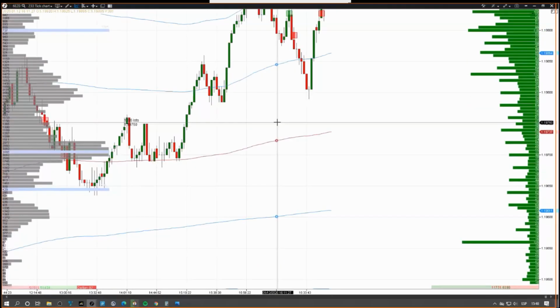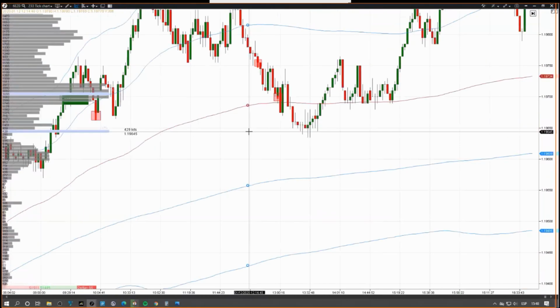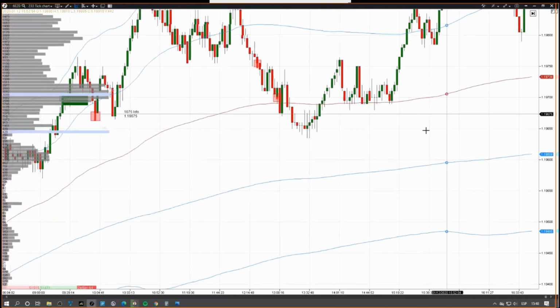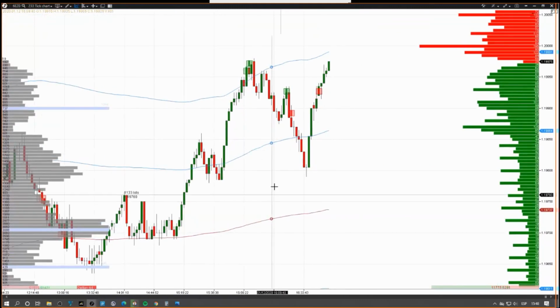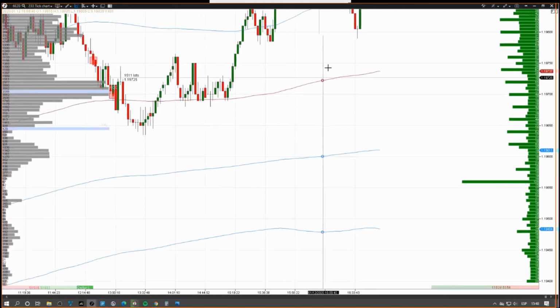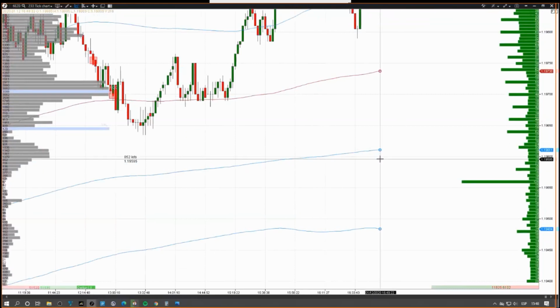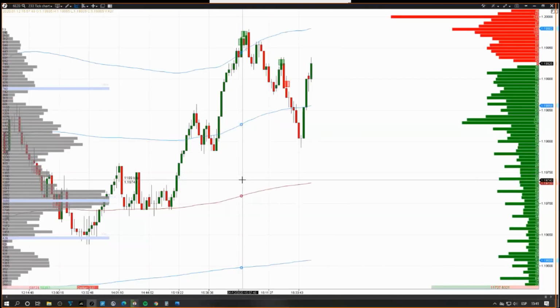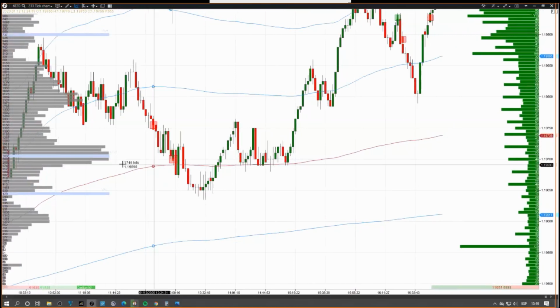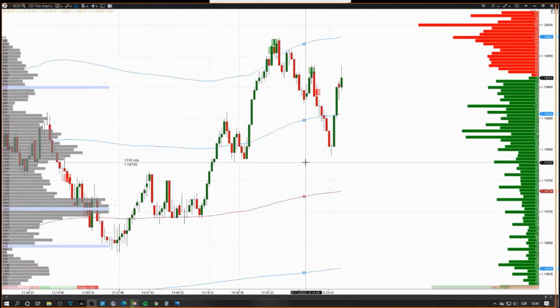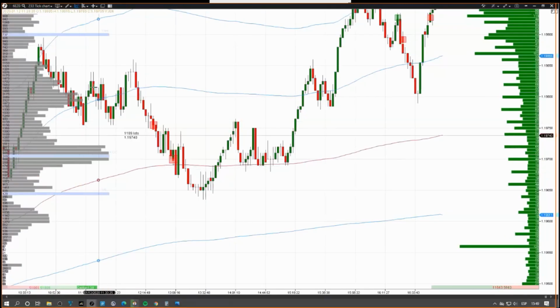If I see most of the trades happening above this red line, which is the volume average, I would look for a long. If I see that it's trading below, I would look out for a short. Always taking into consideration the point of control, if it's in line with the VWAP, the volume average, and still inside these value areas.